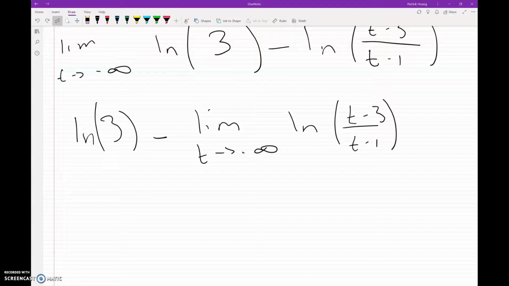Okay. First, we should see that if we substitute in negative infinity, or some arbitrarily large negative number, this would be natural log of, let's say, negative 1,000,000 minus 3 divided by negative 1,000,000 minus 1. The negatives cancel so that the argument is positive.